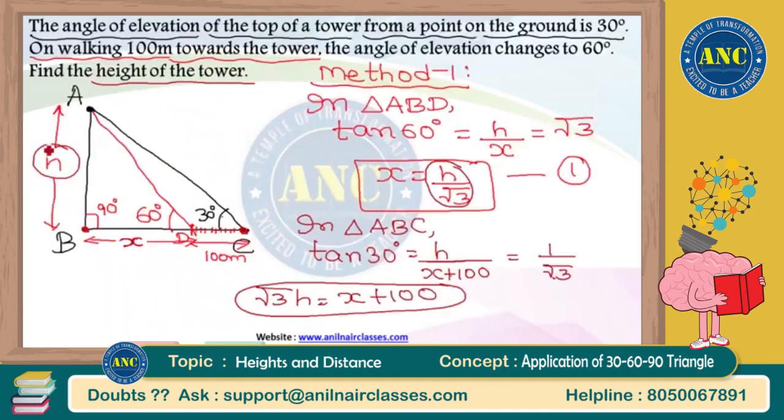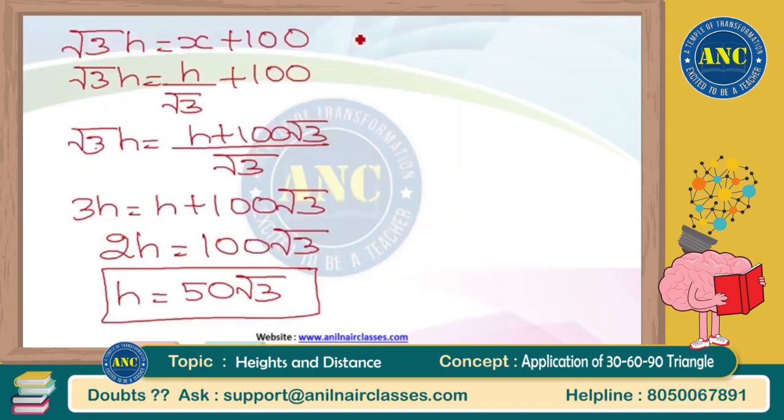If you observe method 1, which I definitely want you to observe, I applied tan 60 initially and got one equation. Again for another right angle triangle, I applied tangent of 30 and got another equation. I solved both equations and simplified. After some time I definitely got my answer.